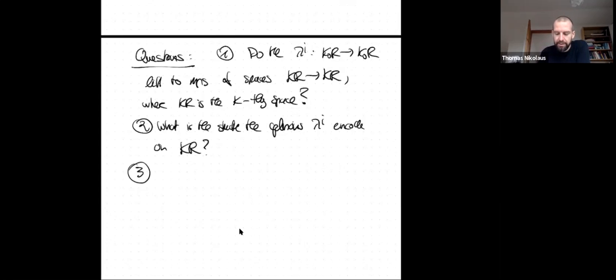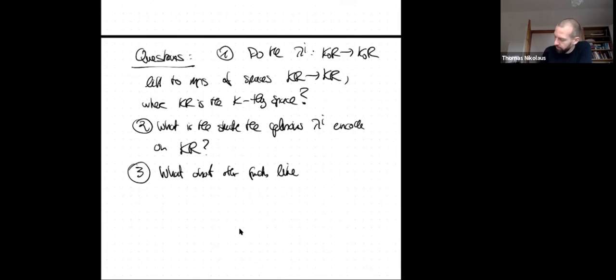But maybe another version of question one. For question one, I asked the question about the exterior power functor, but there are other functors like Schur functors. And the question is, what about other functors?